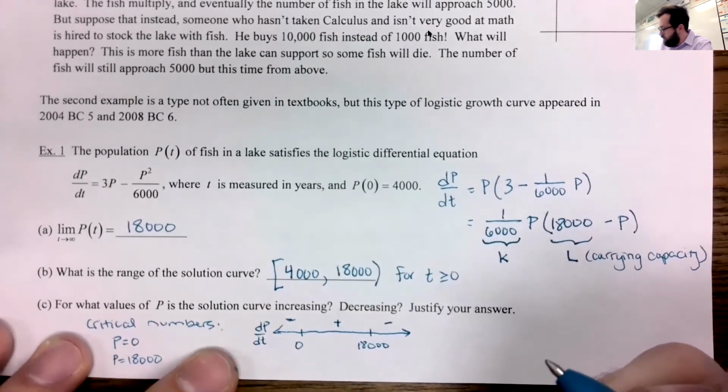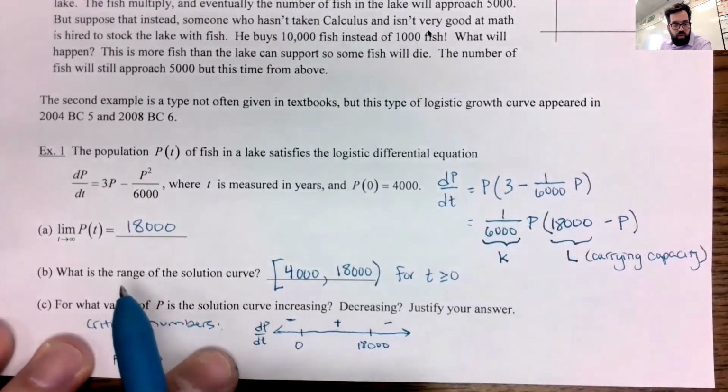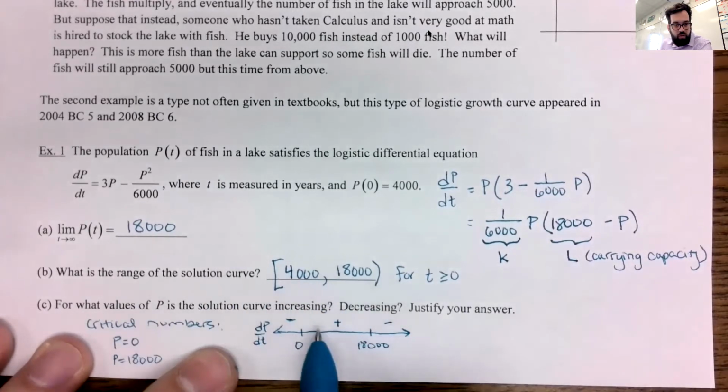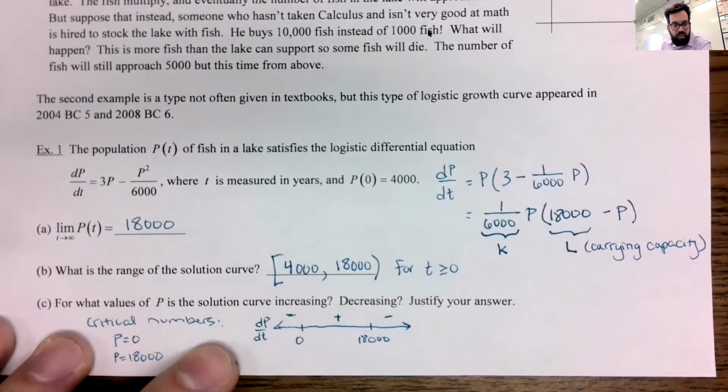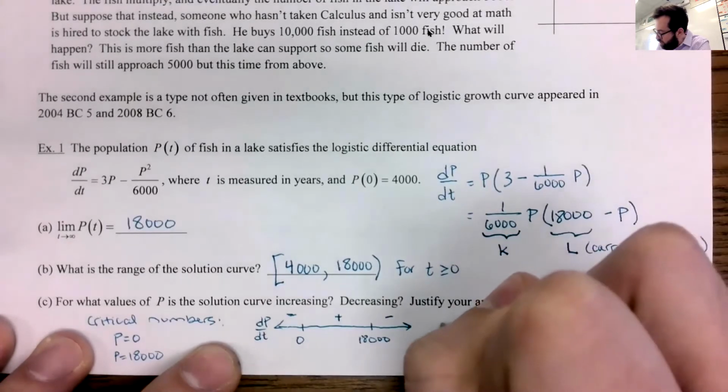So then the range only goes from 4,000 to 18,000. So we're only talking about in here. So for what values of P is the solution curve increasing? All of them.